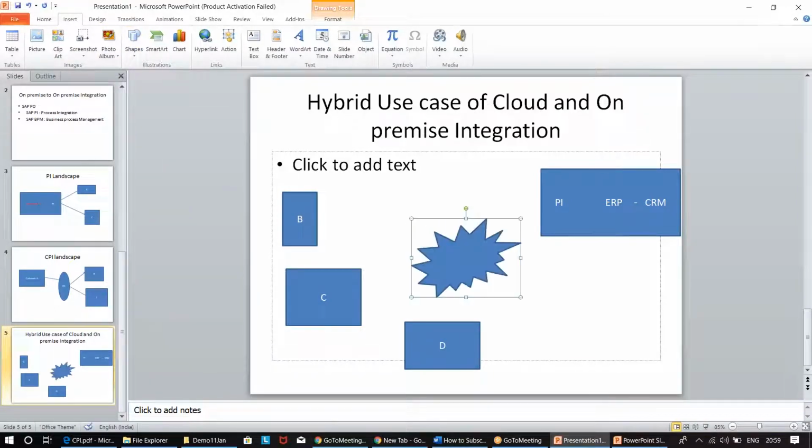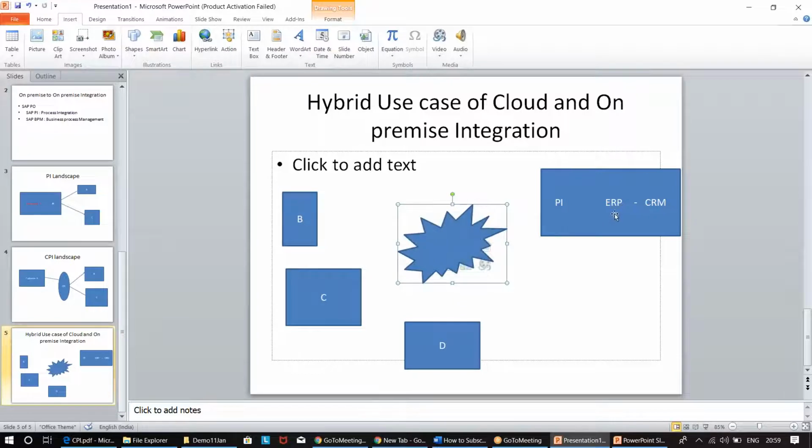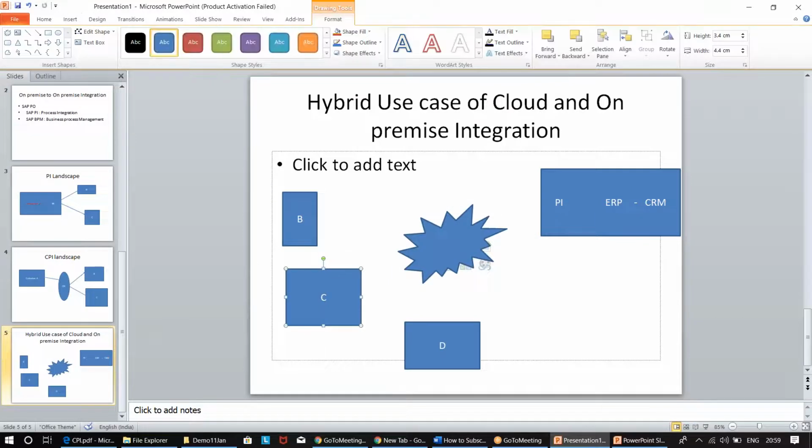Suppose we have these different systems communicating. It can be possible that your ERP and CRM are communicating with the help of your PI. Suppose they have some integration between ERP and CRM, and again whatever we want to add, this is your C4, and this might be some success factor application. This particular application wants to communicate with your CRM.